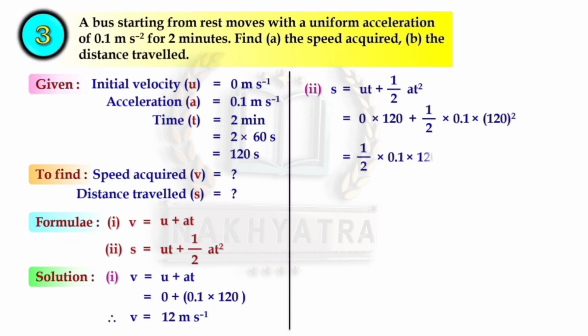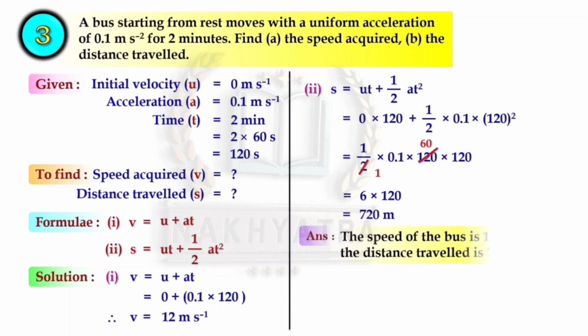So it is half into 0.1 into 120 square. So cancel it and we will get s equal to 720 meter. Okay, so the answer is the speed of the bus is 12 meter per second and the distance traveled is 720 meter.